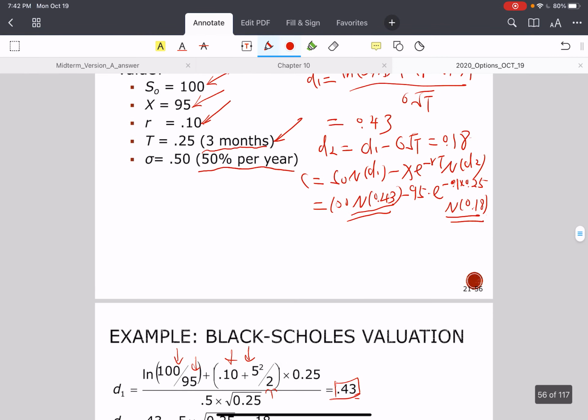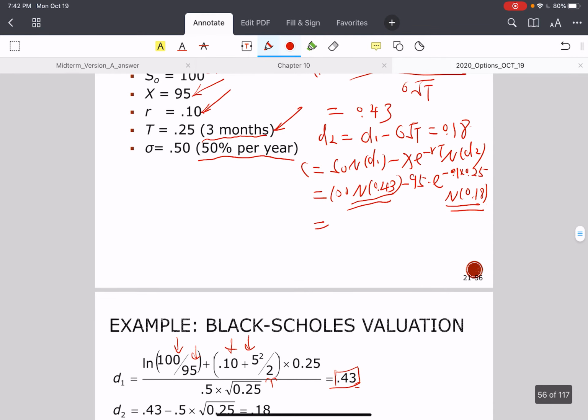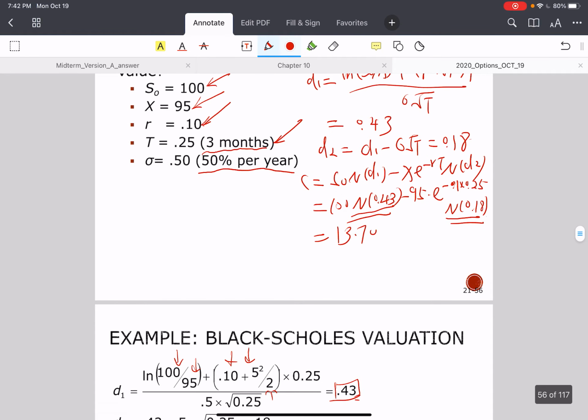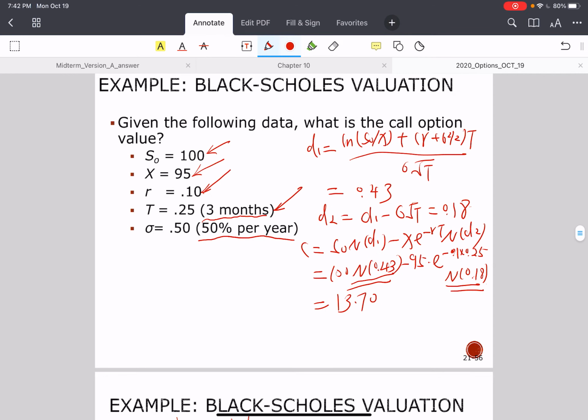So plugging numbers back into this formula, you can find out the call option price is 13.70. So you can see why Black-Scholes model is widely used and preferred. It's really because it's a simple process, right? As long as you understand what each notation represents, you could correctly plug in numbers, then you get your answer.